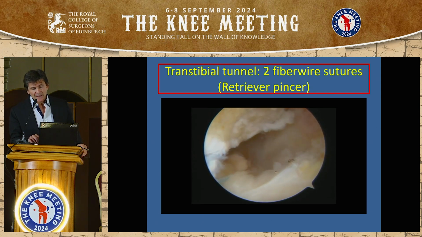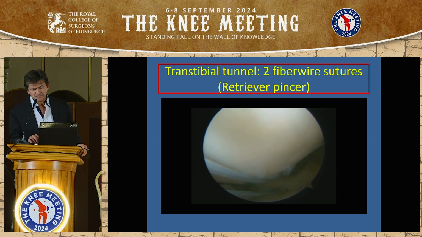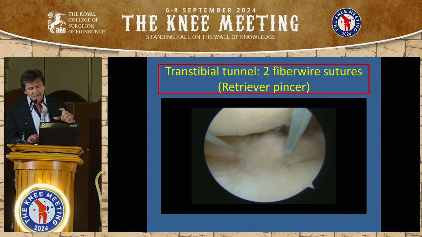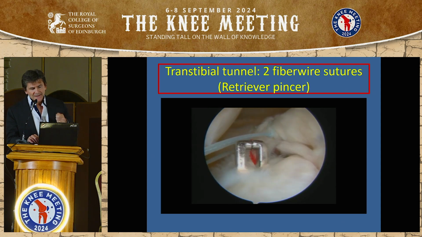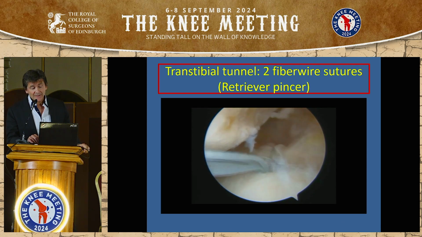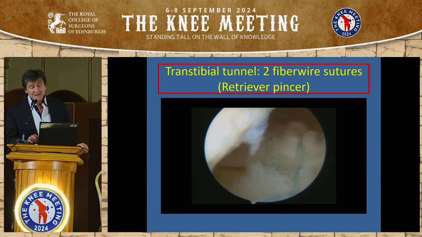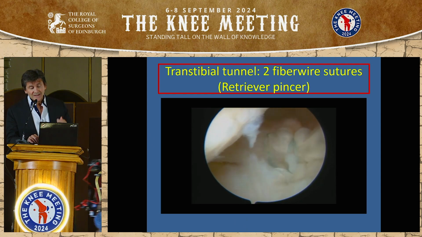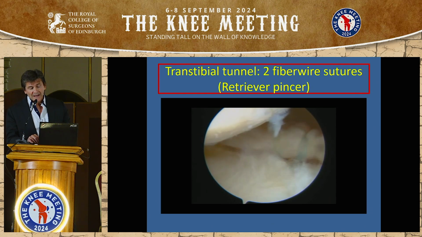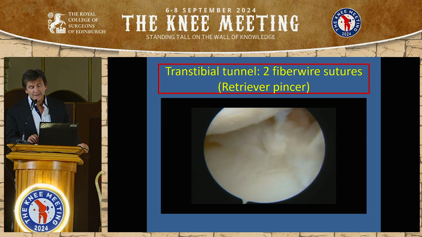As soon as we have the second suture, you see the stitches, you have to take good tissue, otherwise when you pull, you can break and tear the meniscus. And with the pincer retriever, through the tunnels, I recover the suture and pull the suture down to the position of the root footprint.